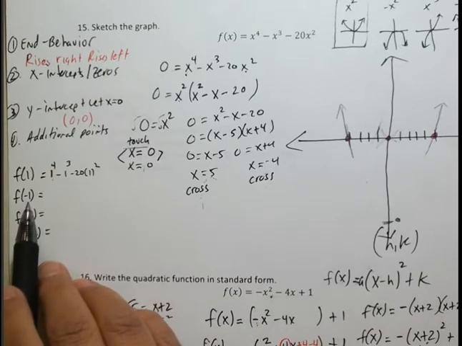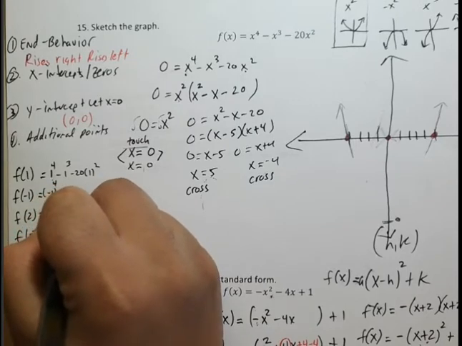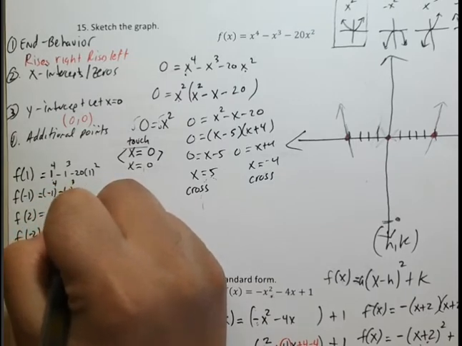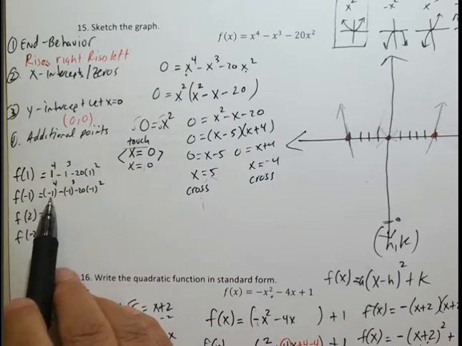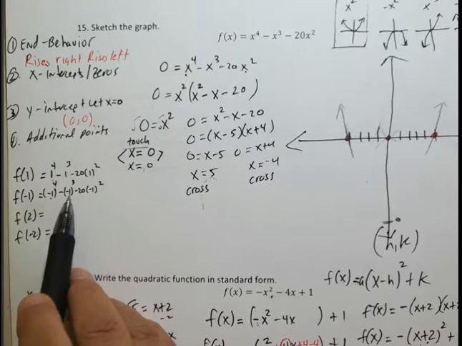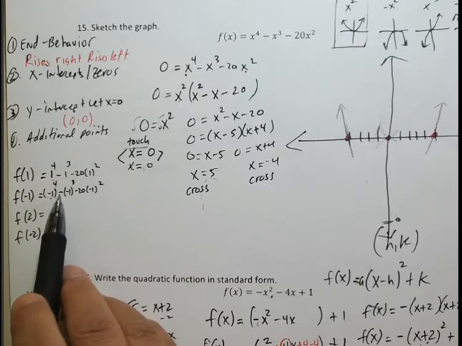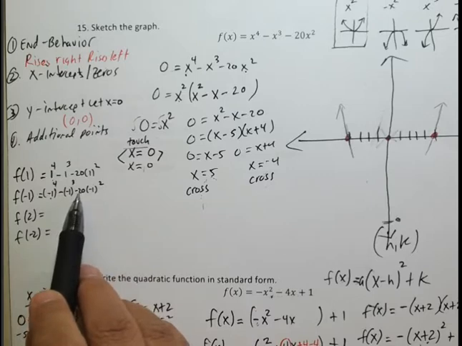And f of -1: -1 to the 4th power is a +1. -1 cubed is a negative, and a negative would be positive. So that's 2. And then -1 squared is positive, and then 20, so that would be -18.